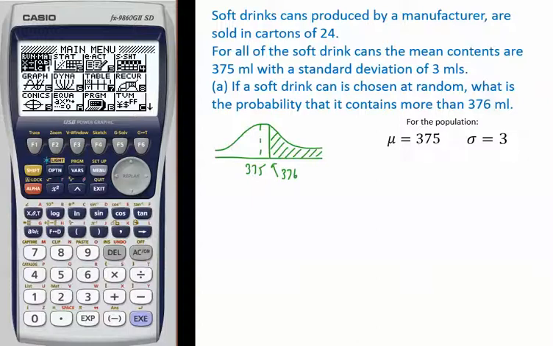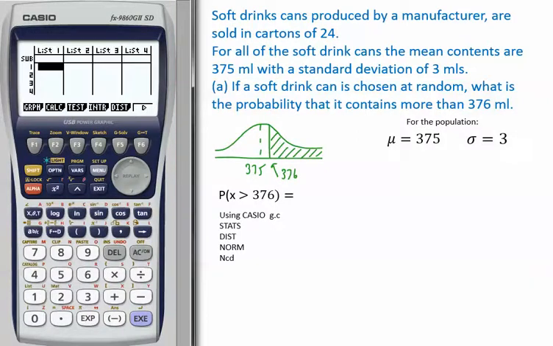Now this is just a very basic normal distribution calculation, isn't it? We're going to use our graphics calculator and try to find this probability of a score greater than 376. Go to stats mode. We choose distribution. We're dealing with a normal distribution and it's NCD.